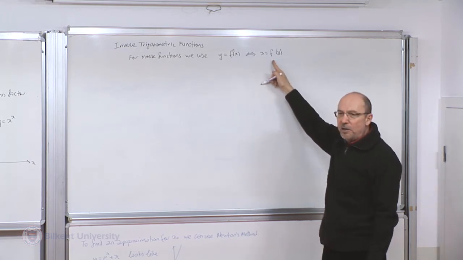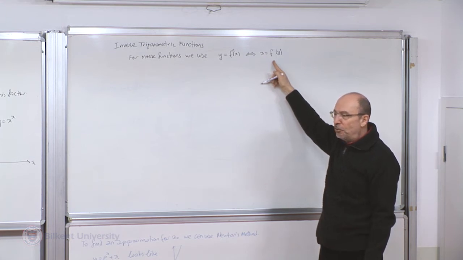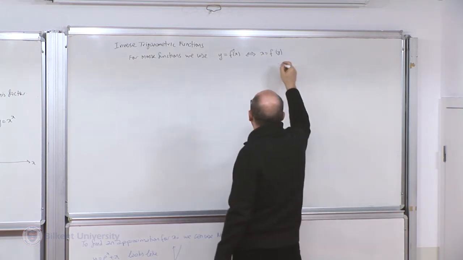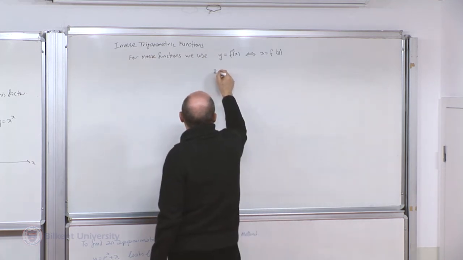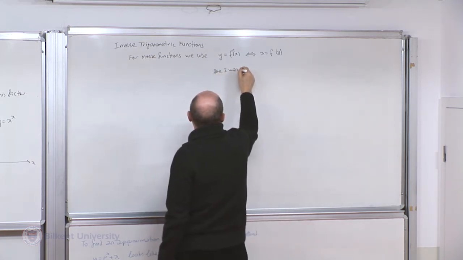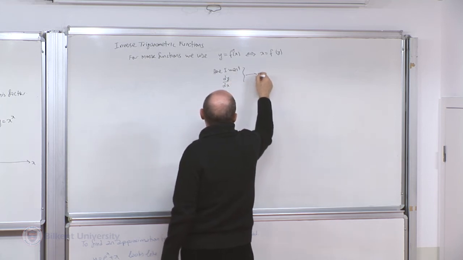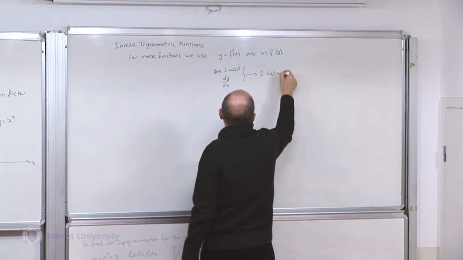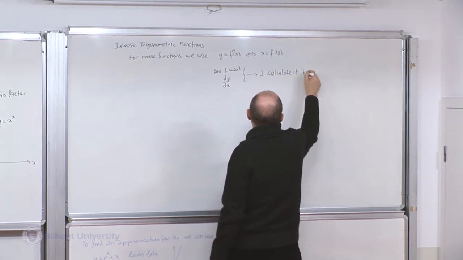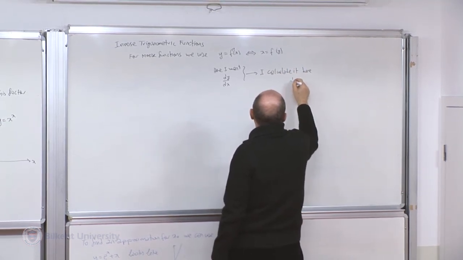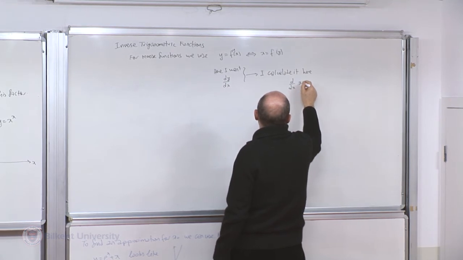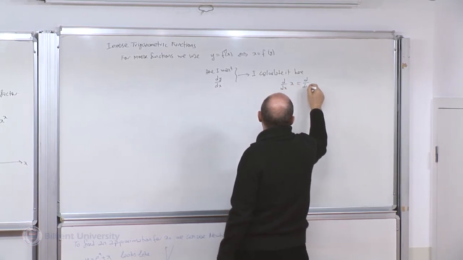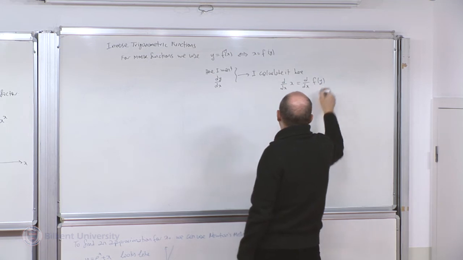So I go here. Here I take the derivative of y with respect to x, so I use the chain rule. Here I want dy dx. So d/dx on this side is equal to d/dx on this side.